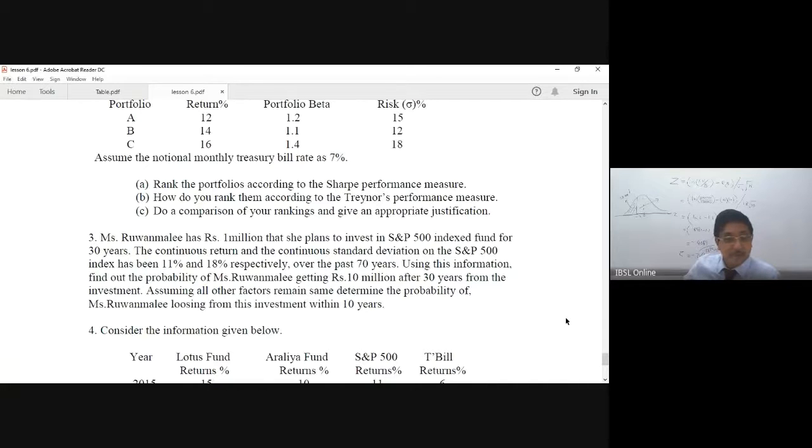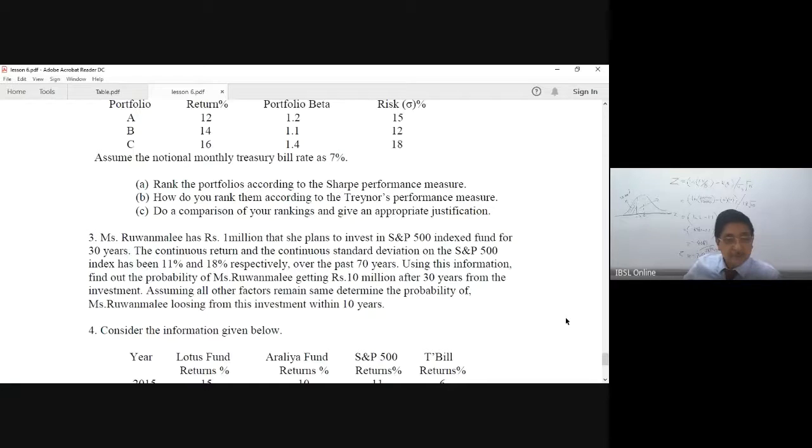Using this information, find out the probability of Ms. Ruwanmali getting rupees 10 million after 30 years from the investment. Assuming all other factors remain the same, determine the probability of Ms. Ruwanmali losing from this investment within 10 years. I think the things are rather straightforward.